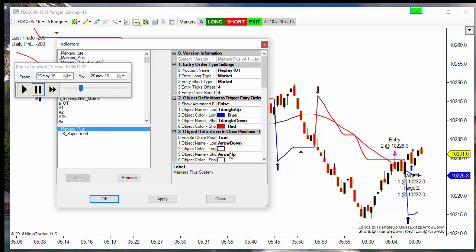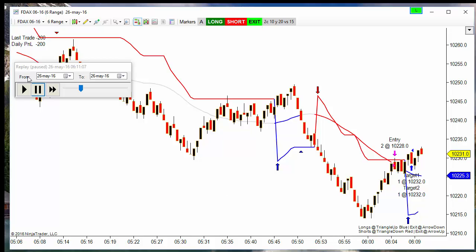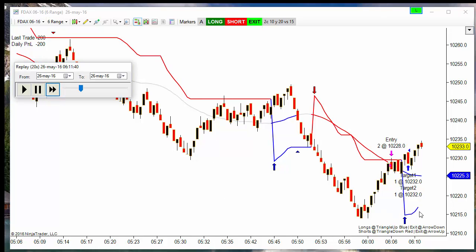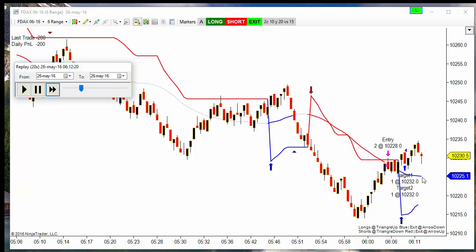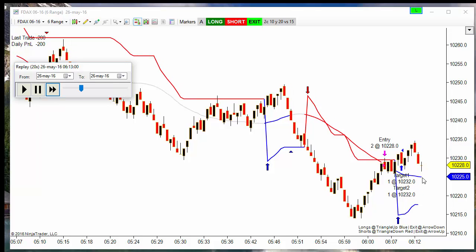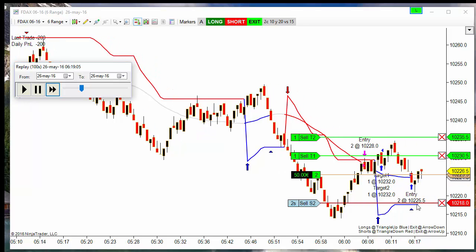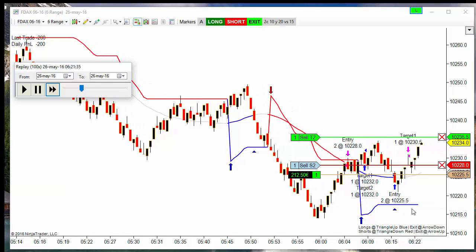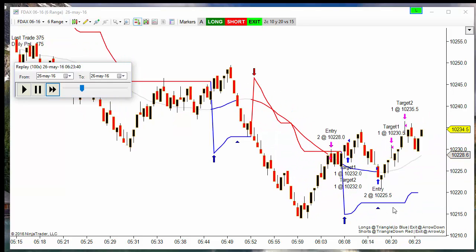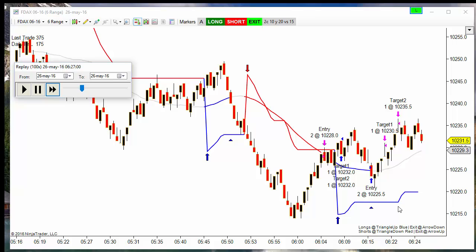We are closing positions when we get an arrow. Now I am waiting for a pullback to the blue line. Order filled. Now we have a long. Target filled. The stop is usually located below the blue Supertrend line.